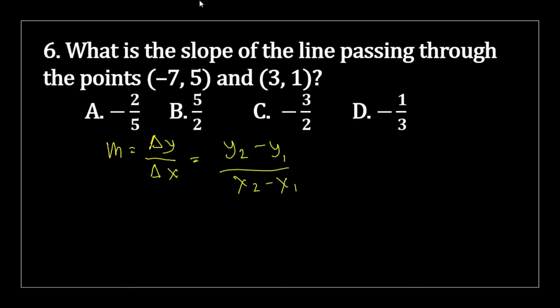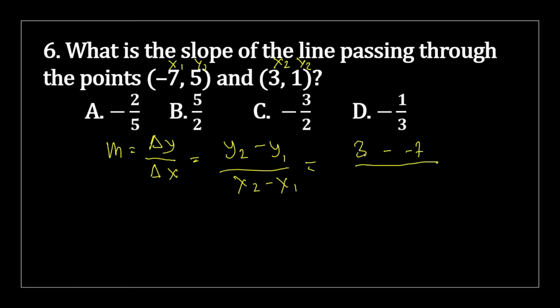Now we have this formula. Let's enumerate what our x's and y's are. This will be our x sub 1, y sub 1, x sub 2, y sub 2. So now let's substitute our values.